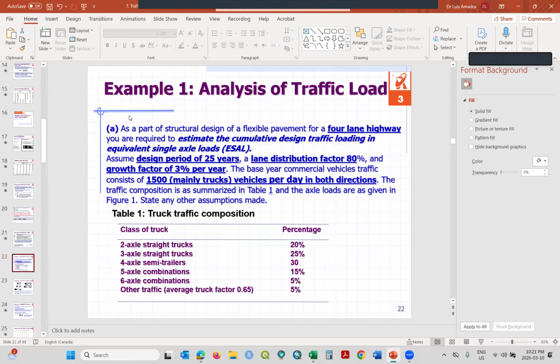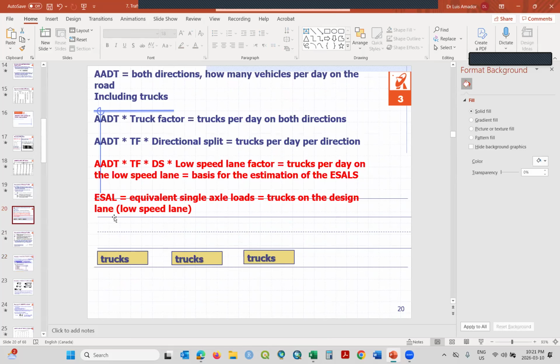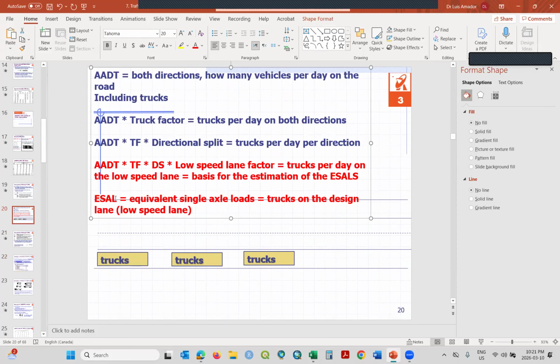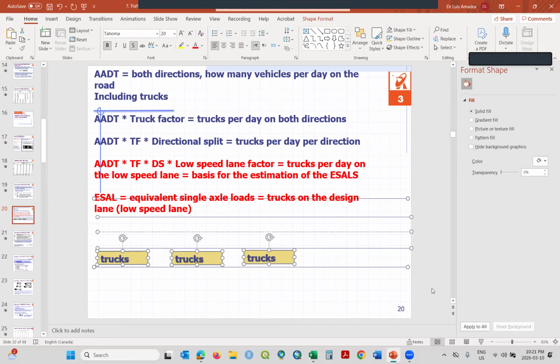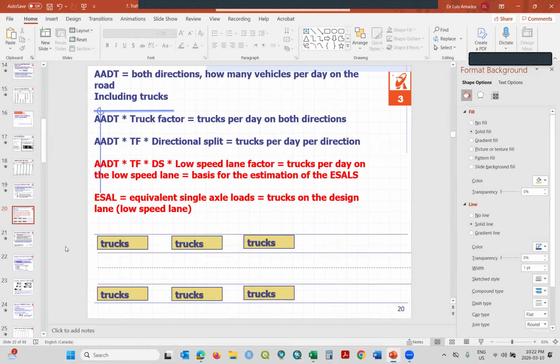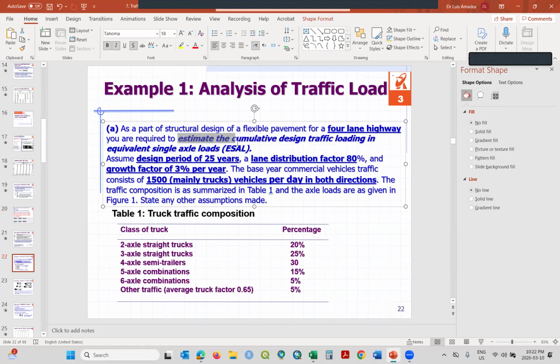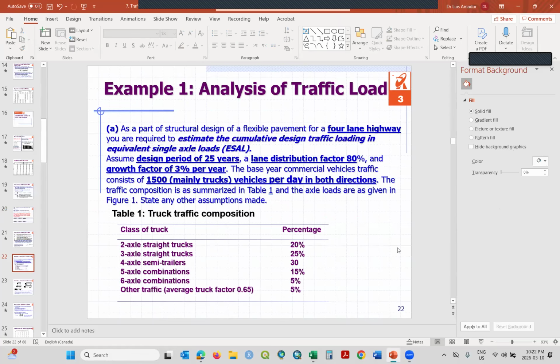Okay, so let's look at this example. We're going to have a 4-lane highway, so this is this case, where we have 4 lanes. And we're going to calculate the cumulative design traffic load in terms of equivalent single axle loads.